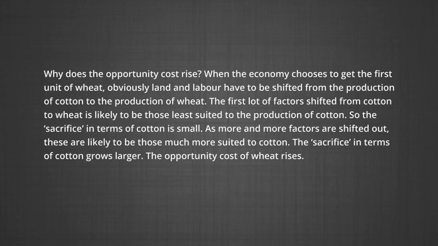So, the sacrifice in terms of cotton is only small, it's 1 unit. As more and more factors are shifted out, these are likely to be those much more suited to cotton. The sacrifice in terms of cotton grows larger. The opportunity cost of wheat rises.